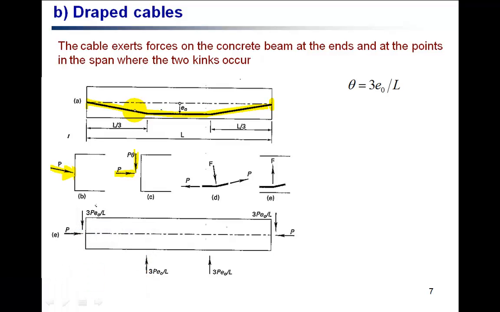At these points where there is a change in direction, forces will be exerted on the concrete from the pre-stressing tendons. As you can see here, at the kinks, the pre-stressing forces are P, acting at an angle of theta, and the force F is acting from the concrete on the tendon, and the same reaction will be acting on the concrete from the tendon.